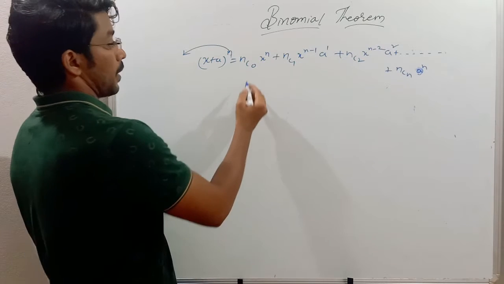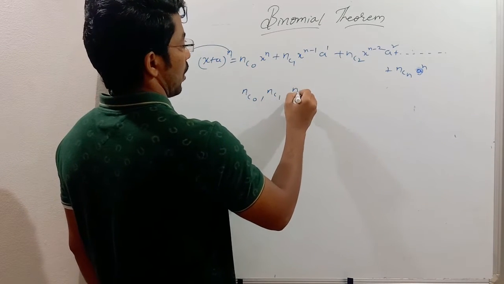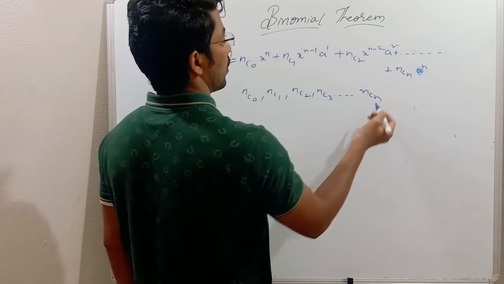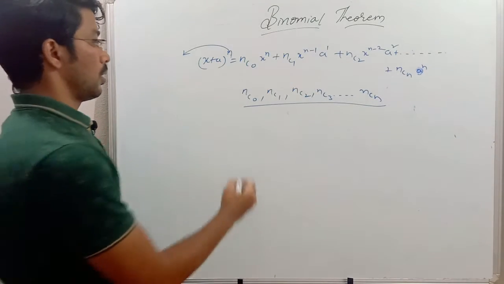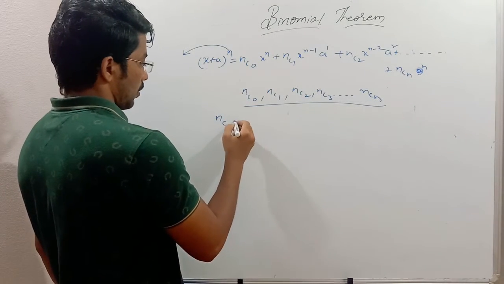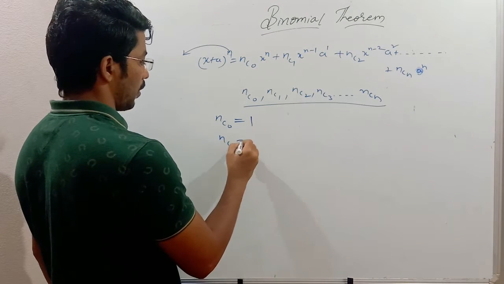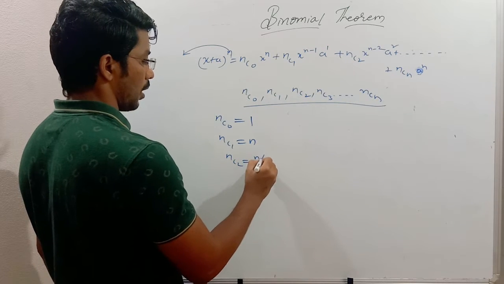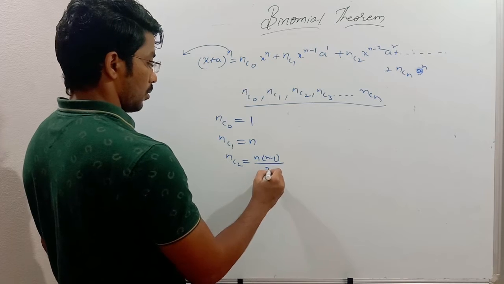So here, nC0, nC1, nC2, nC3, and so on up to nCn are called binomial coefficients. We know that nC0 value is 1, nC1 value is n, nC2 value is n(n-1)/2.